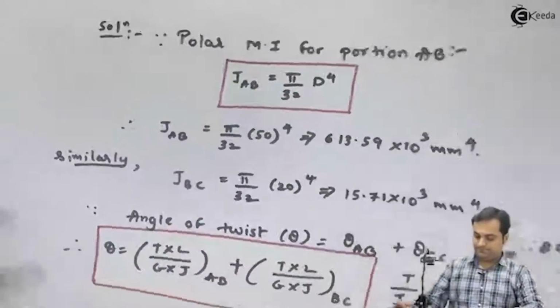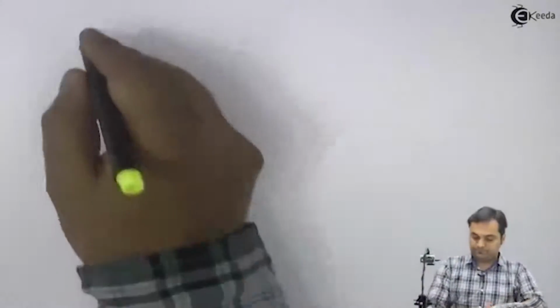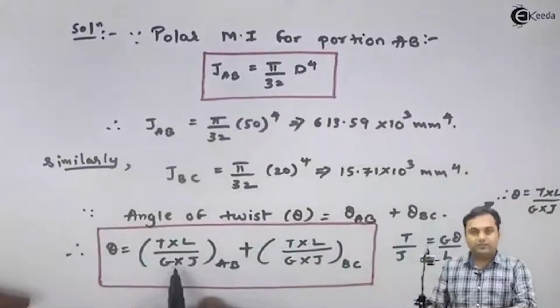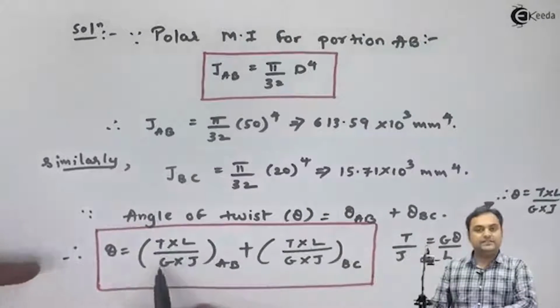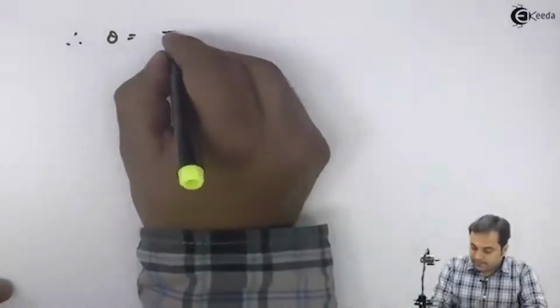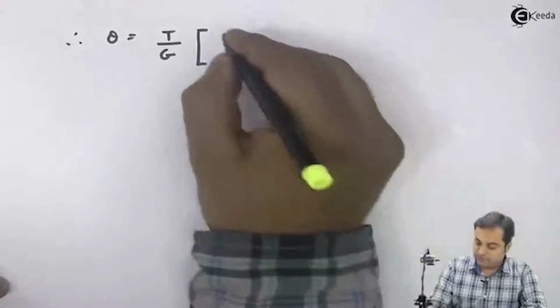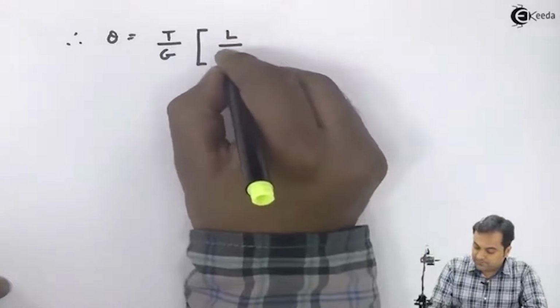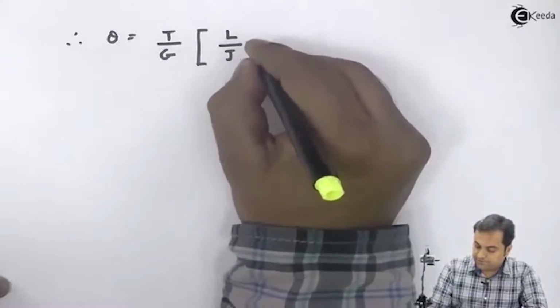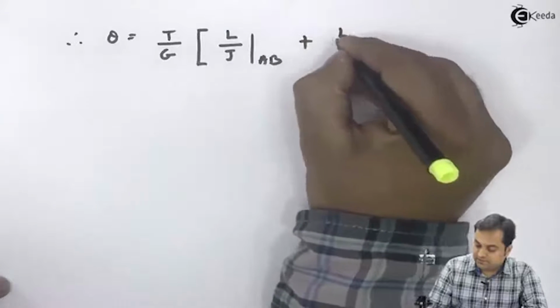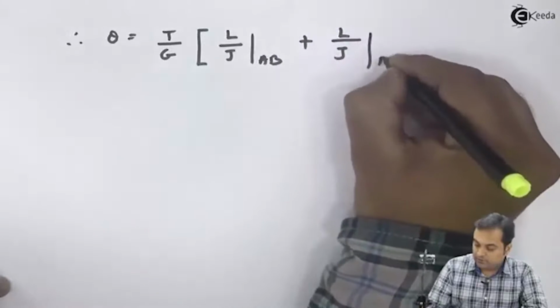Therefore, since the torque applied is same and G value is same material, I'll take T and G as common. I'll write down T upon G, take it as common. So here I have length upon J for AB portion plus length upon J for BC portion.